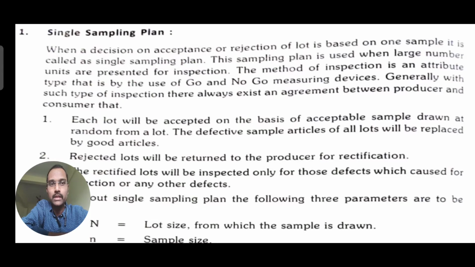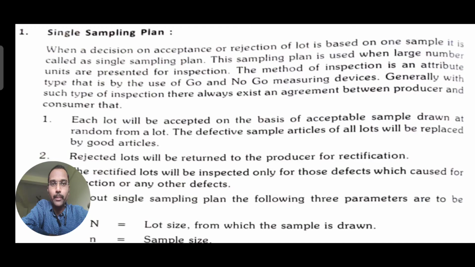Then we can choose methods like go and no-go measuring devices to do the inspection for the attribute data.